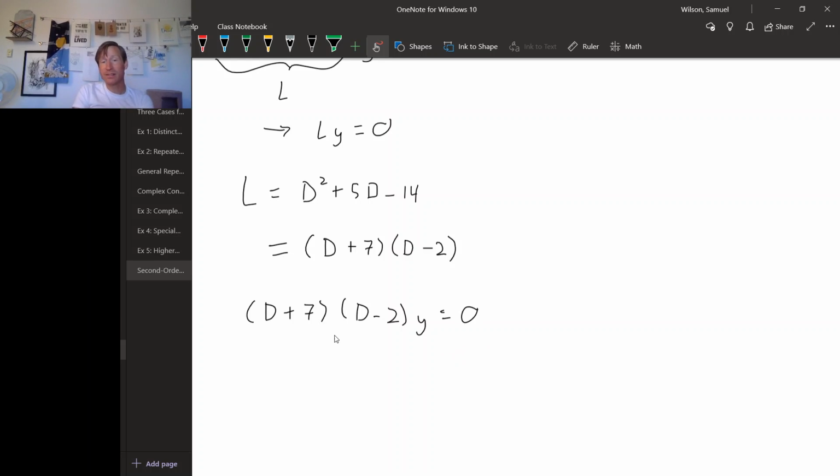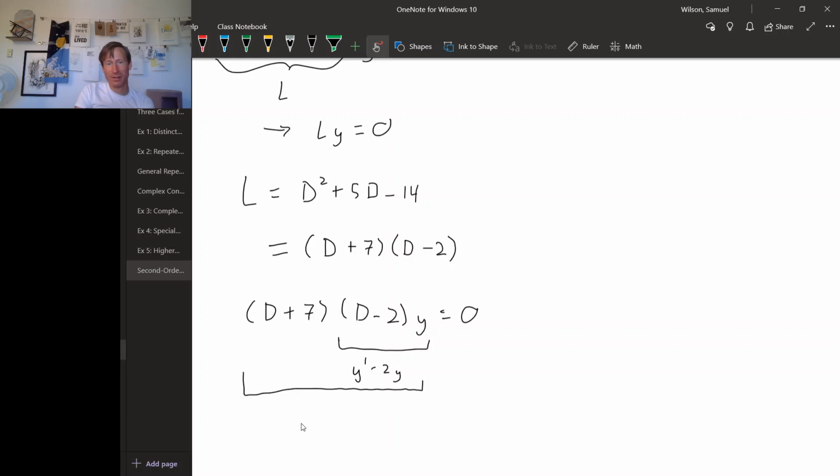And there are a couple ways this can happen. Remember, a differential operator does some combination of derivatives and adding the function to itself. So if you start with some function y and you apply D minus 2 to it, you get y prime minus 2y. And then after that, you would apply D plus 7 to that.